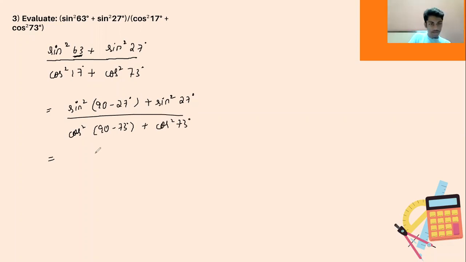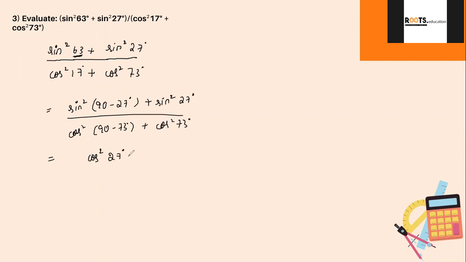It's cos theta, so I can write cos square 27 degree. Sine square 27 is written as it is, divided by, what is cos of 90 minus theta? It is sine theta. So I can write this as sine square 73 degree plus cos square 73 degrees.